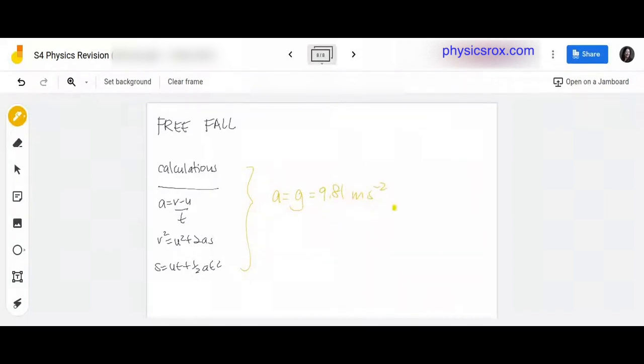Okay, so free fall, any object that falls freely, means it falls under the influence of gravity only. That means no air resistance. You use this value. So you use the same formula. So you don't panic. Oh my God, teacher! I don't know how to do free fall calculations. Hello, same formula. So no excuse.